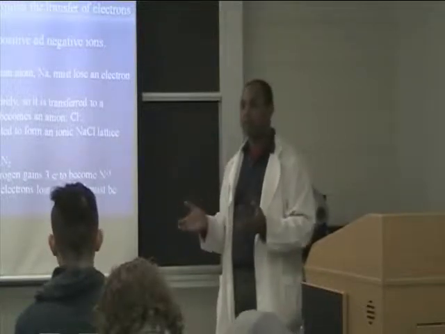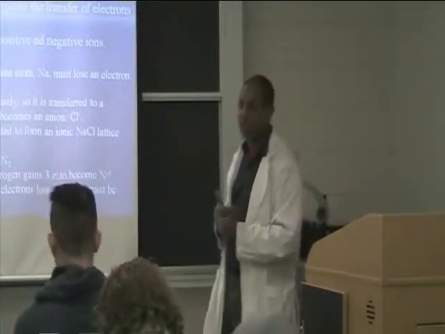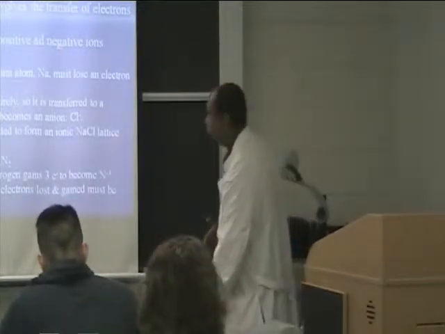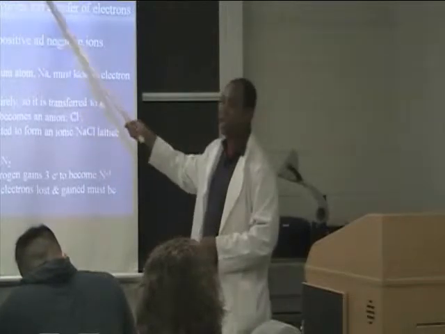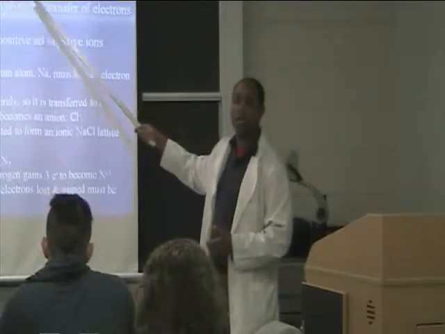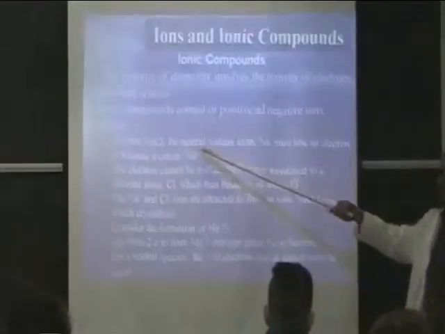What do metals do? They lose electrons. What do non-metals do? They gain electrons. So you can see the transformation, and such a bond is going to be a strong bond, and is said to be an ionic bond. And the compound that's formed is an ionic compound. Okay, a good example is sodium chloride.